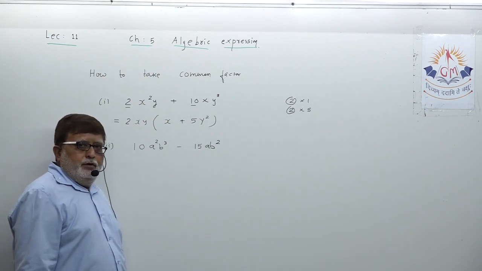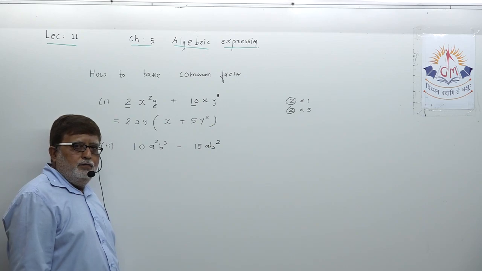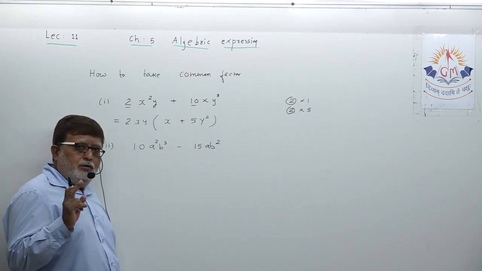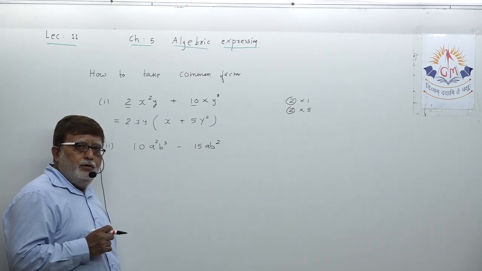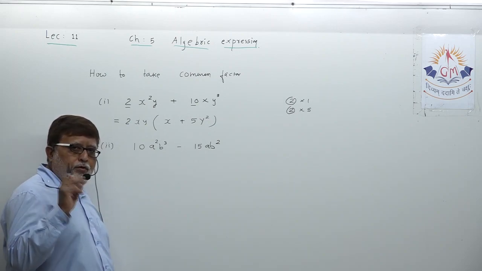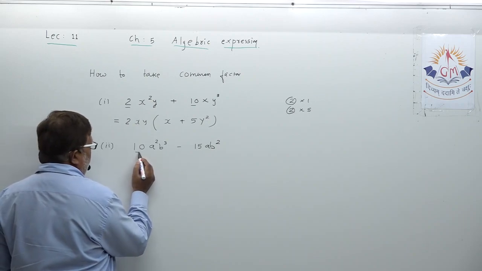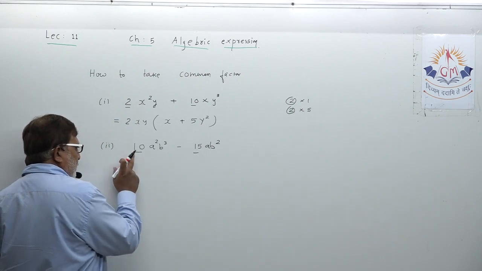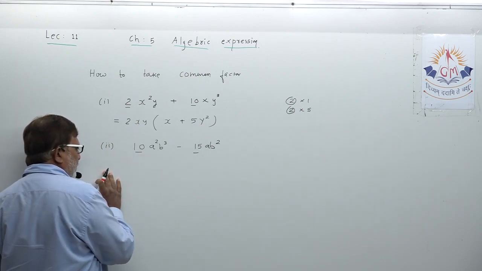Suppose dear student, you are asked to take out common from both these terms. Your first concentration has to be on number. Understood? Number you need to concentrate on first. Here number 10, here 15. What can be taken out common from 10 and 15?